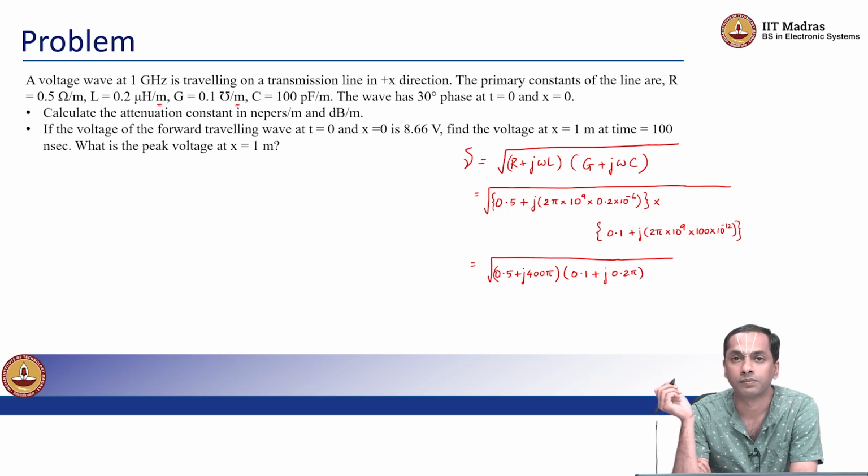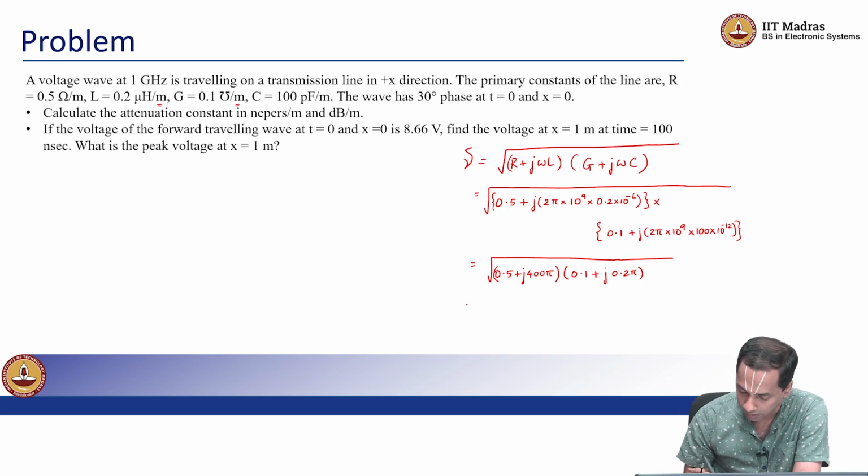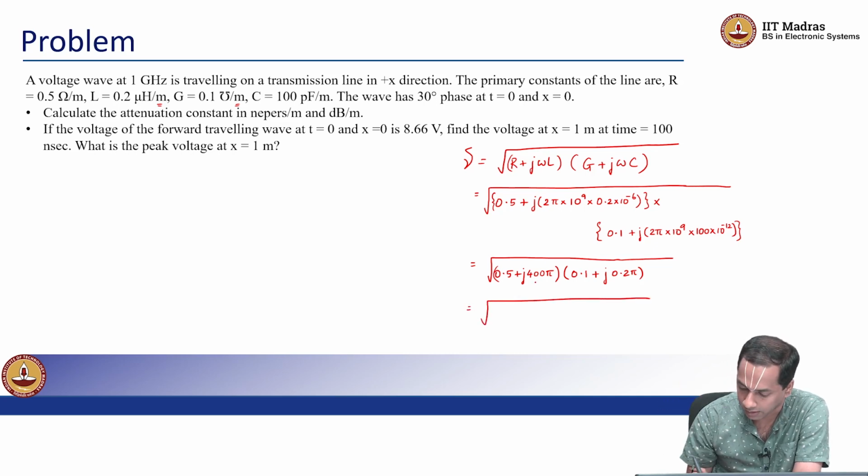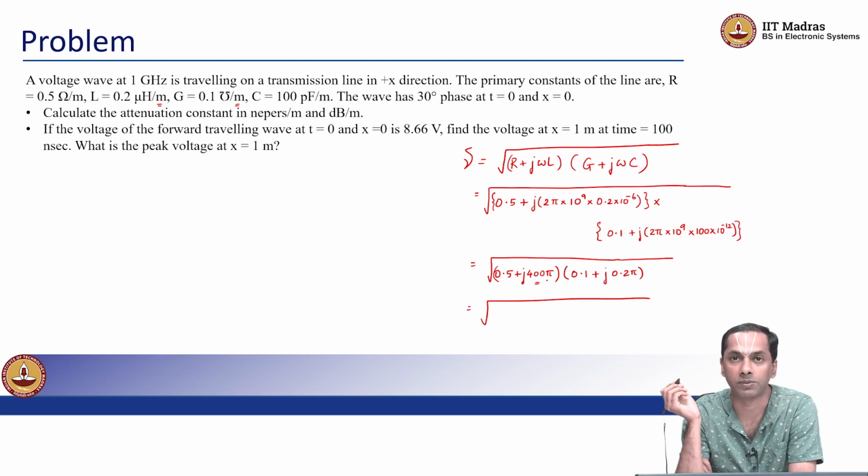Again, as engineers, it's very important that we are good at making some quick assessments in terms of large numbers and small numbers. So if I were to expand this, of course there is one very large term, 400 pi times j, a very large imaginary quantity.